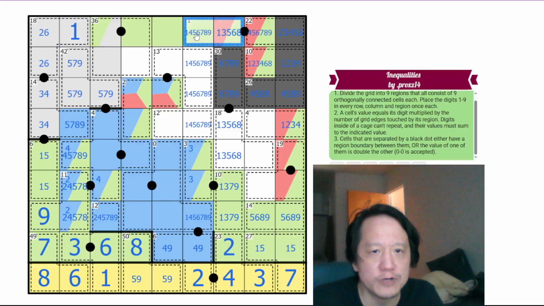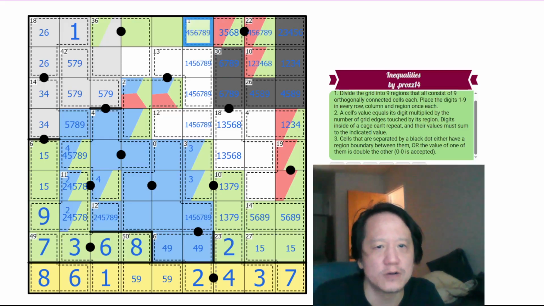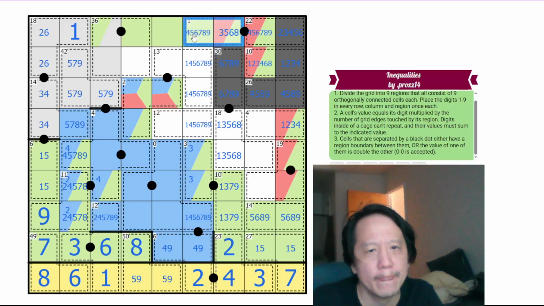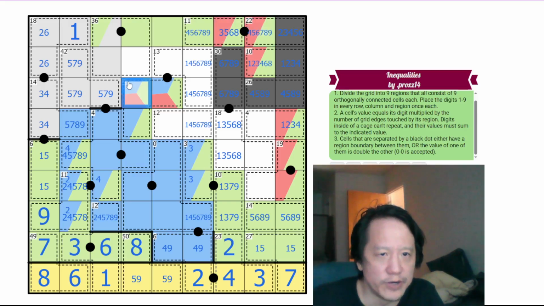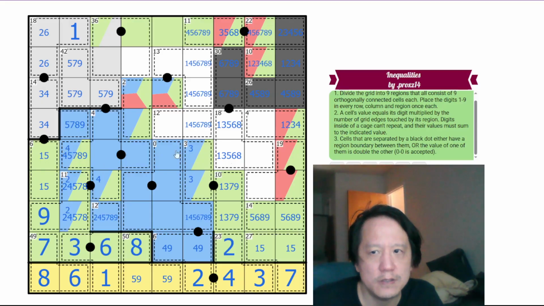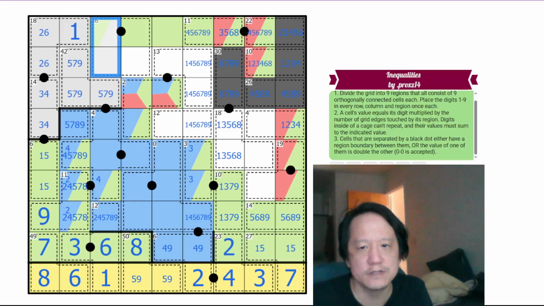One eliminates 1 in the rest of the row. So no 1 here. Oh boy, this is pretty crazy. This is boundary here. What else do we have? We have an 8 missing, so one of these two is an 8.